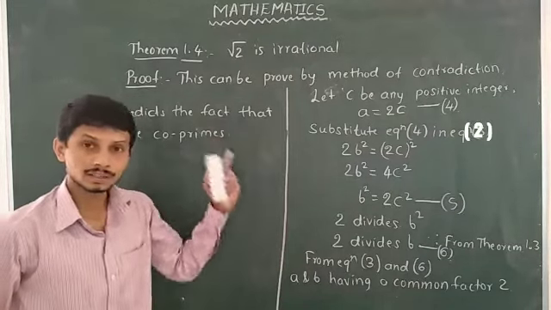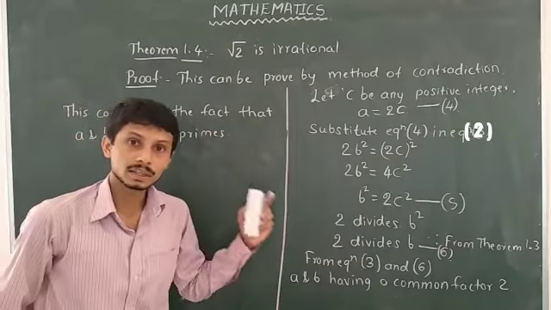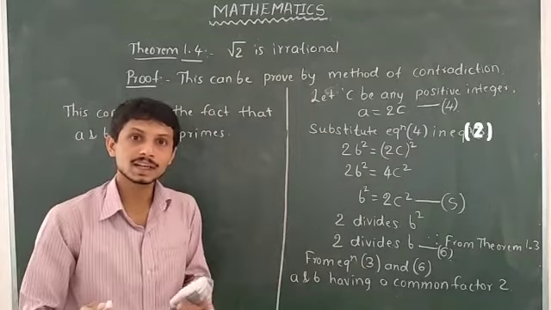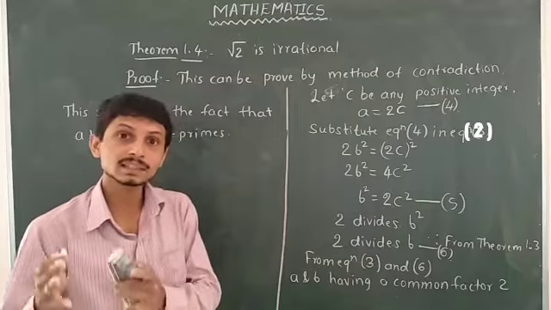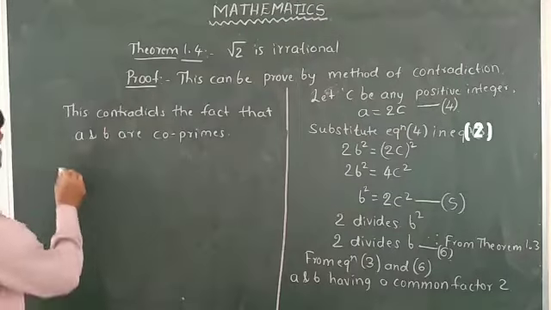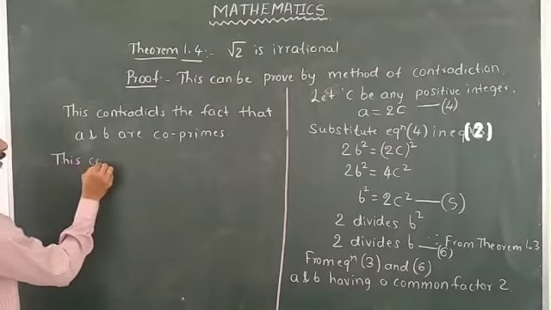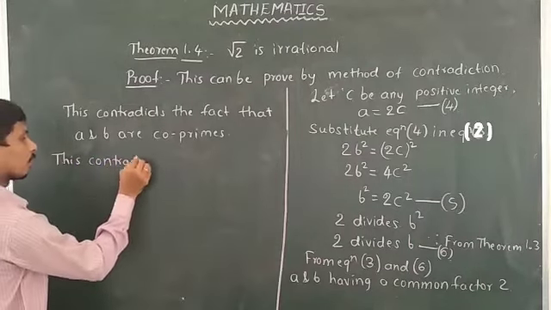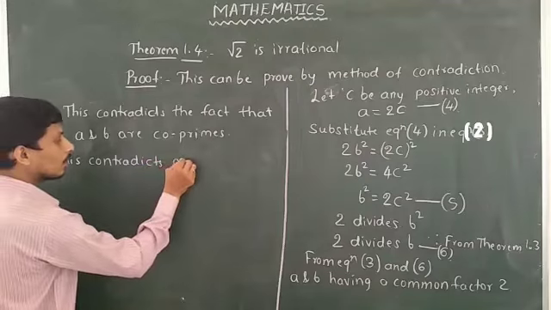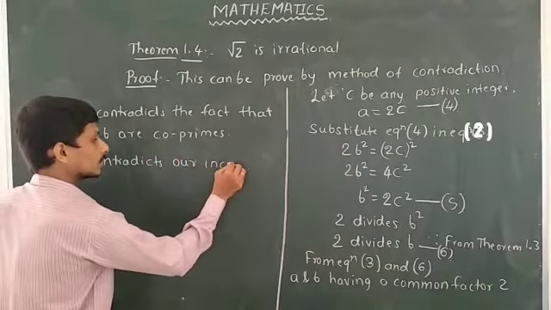That means our assumption, our taken statement that root 2 is rational, is incorrect. This contradicts our incorrect assumption.